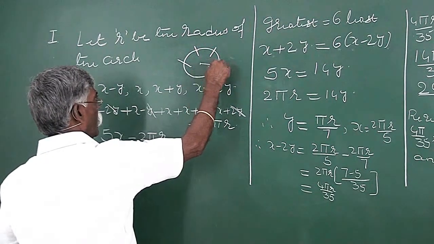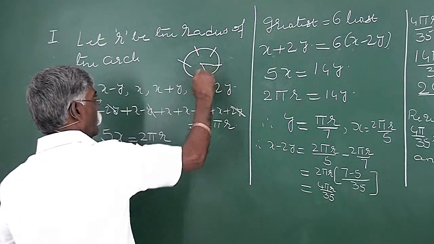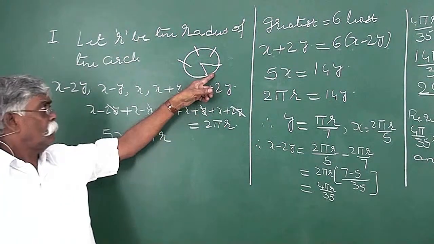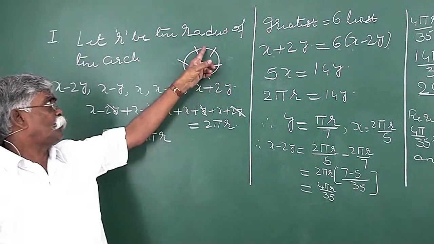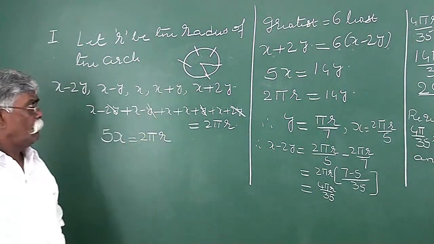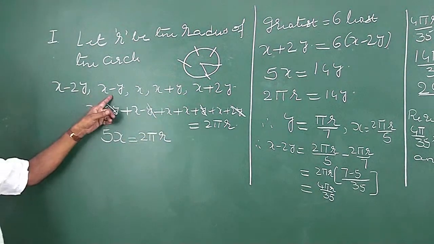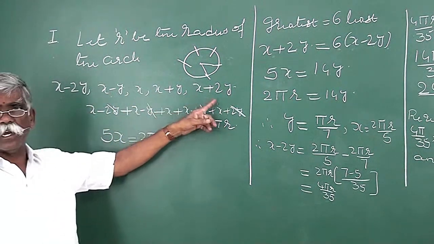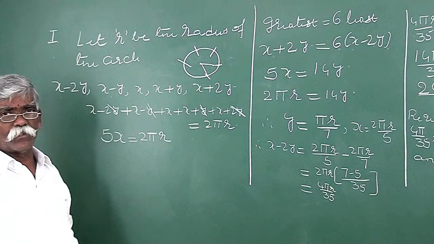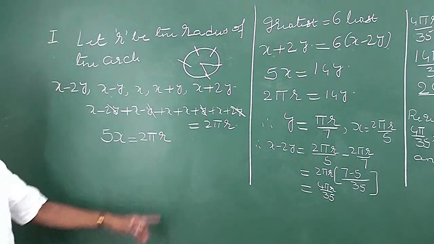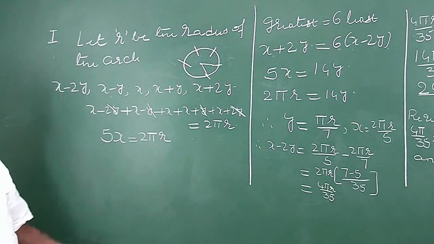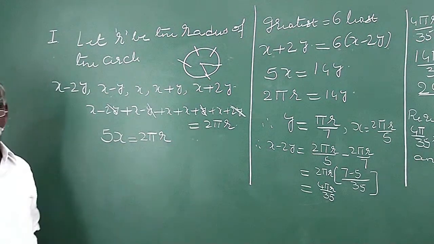Now the 5 parts of the circumference, part 1, 2, 3, 4, and 5, are taken as x minus 2y, x minus y, x, x plus y, and x plus 2y, since they are in AP. Now the sum of all the parts will give us the circumference of the circle.